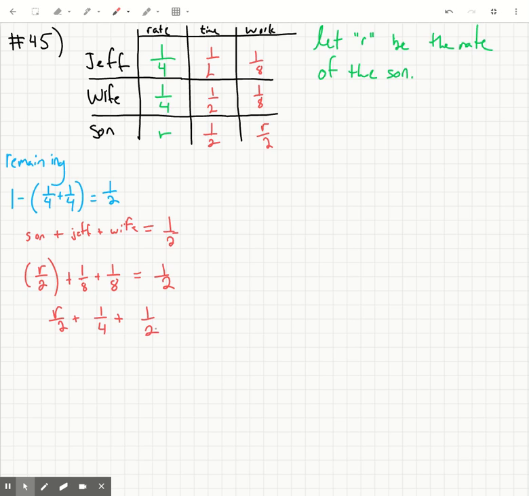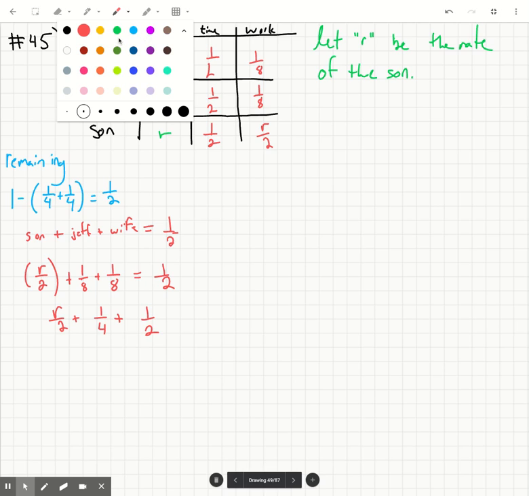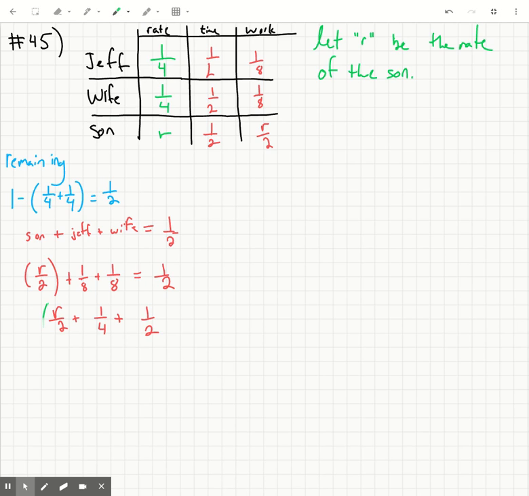Now I can multiply everything by 2 to clear those fractions out. Oh, that's not going to work. Sorry, got to multiply everything by 4, the lowest common multiple of the denominators.